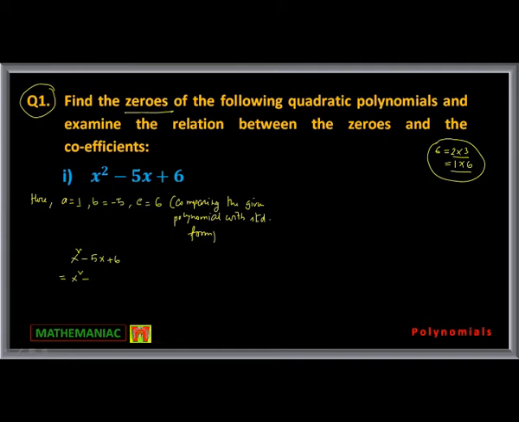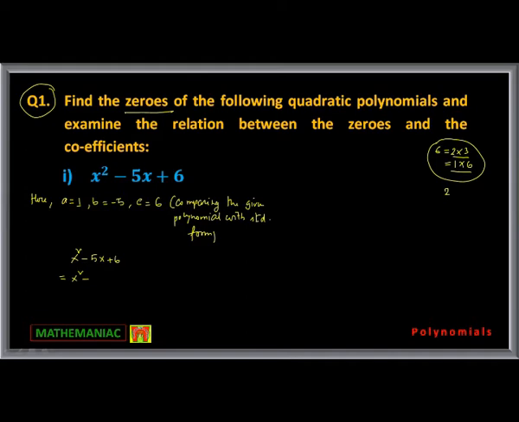When you find such a situation, your first target is to see the product of a and c, and check the sign. It is plus 6, right? So whenever it is plus 6, both these numbers are to be of the same sign. Then only the product will be plus.